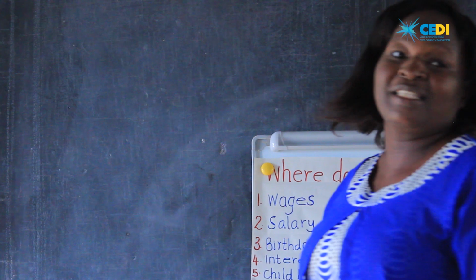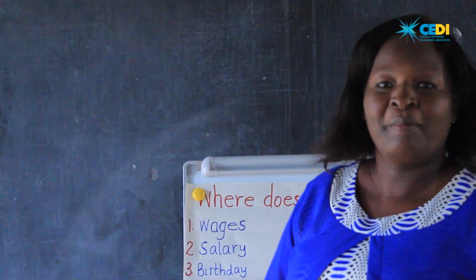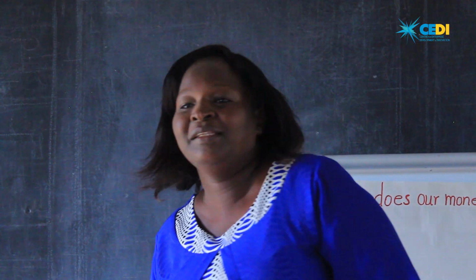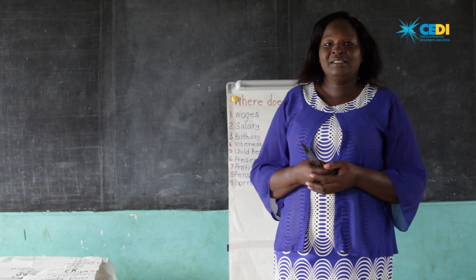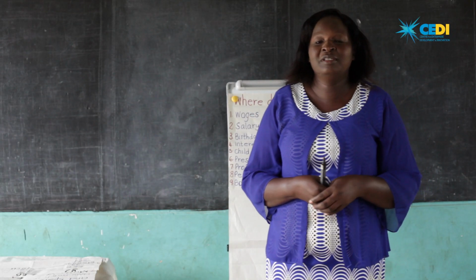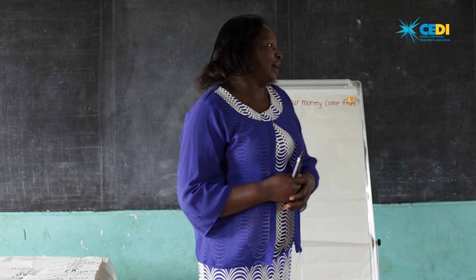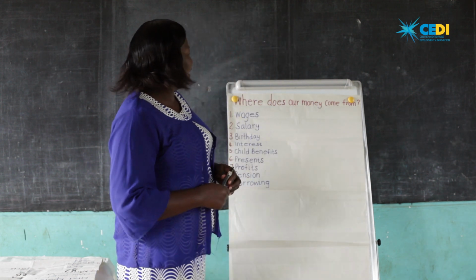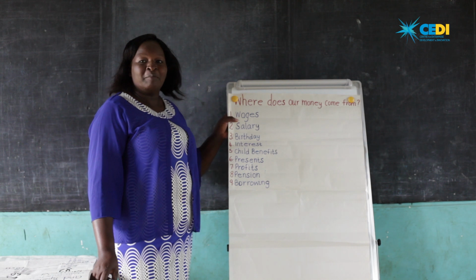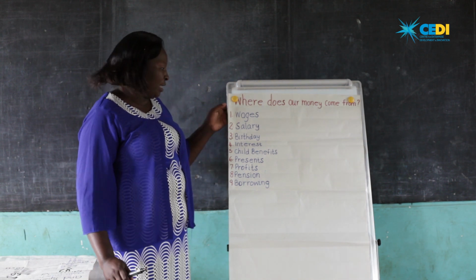Whatever he earns is called salary. Brian? Okay. Gambling is a method of getting money, but it is not a good method. Okay, let us look at some of the ways by which we can get money.